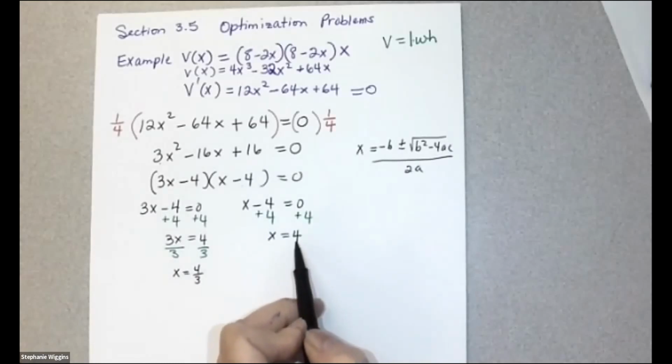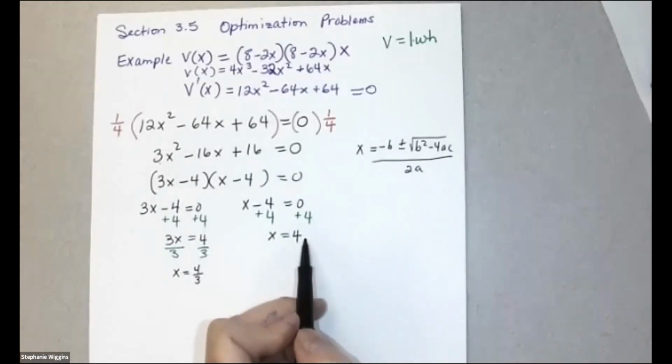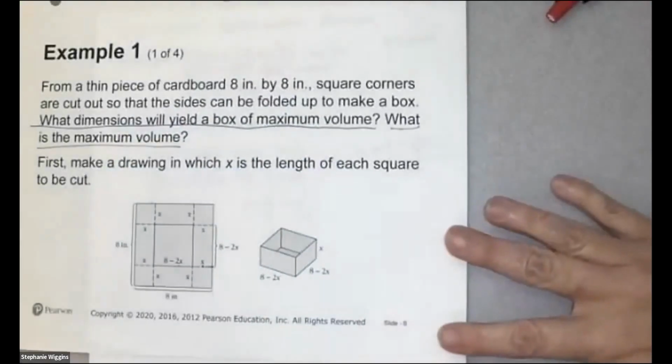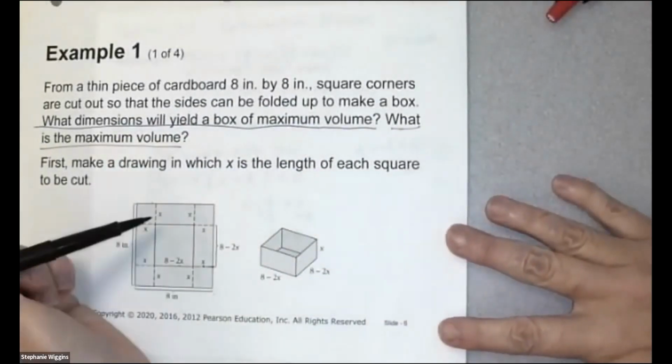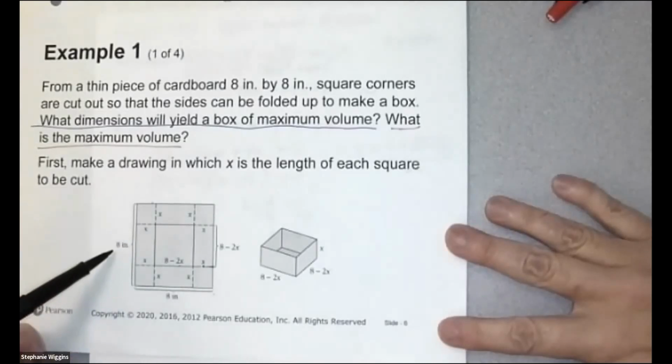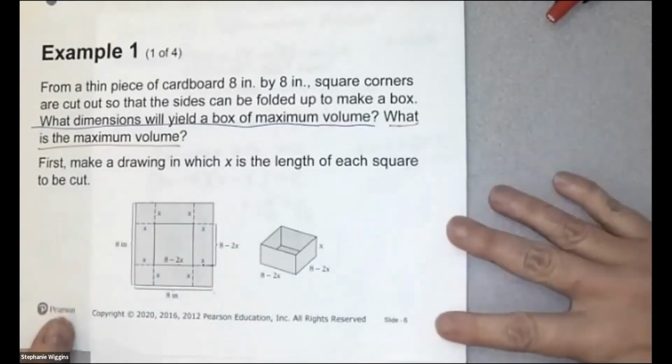Now this one simply is not going to work. And the reason is because you're taking out x from each side of the box, right? So if I take out 4 inches here and 4 inches here, the total length is 8. I'd be taking 8 minus 8, and I wouldn't have a box, right?